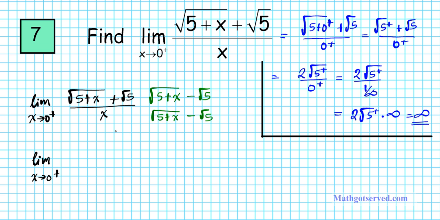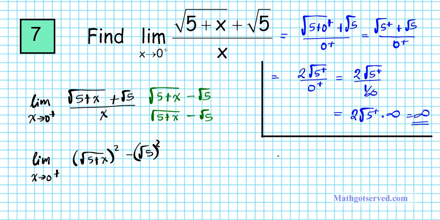If you expand the numerator, you're going to end up with root 5 plus x squared minus root 5 squared.